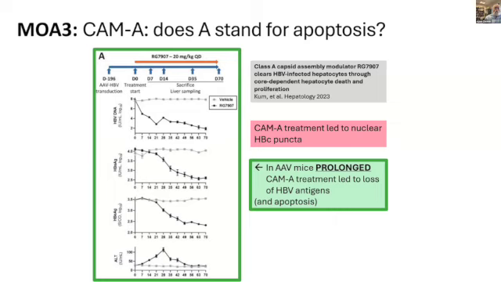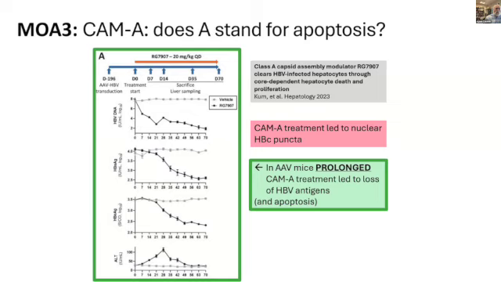The CAM-A led to accumulation of nuclear puncta. And in this mouse model of HBV, initial treatment led to a decrease in HBV DNA production. And after a lag phase, there was a loss of S antigen and E antigen.